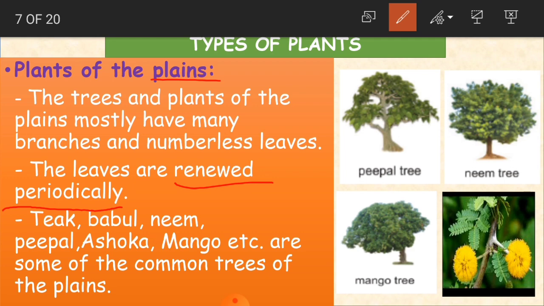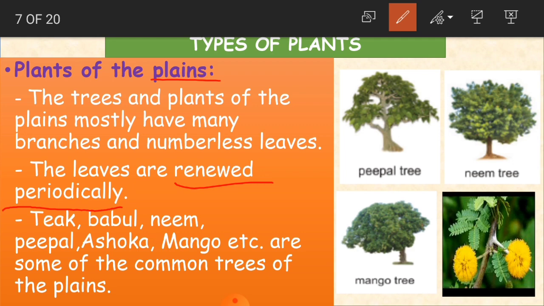Same like that here also, periodically means from time to time. So the leaves of these plants grow again and again according to the seasons. They shed off their leaves, and again they start growing new leaves.